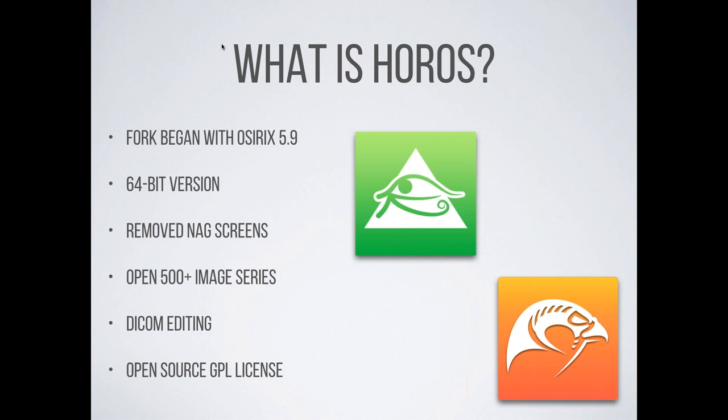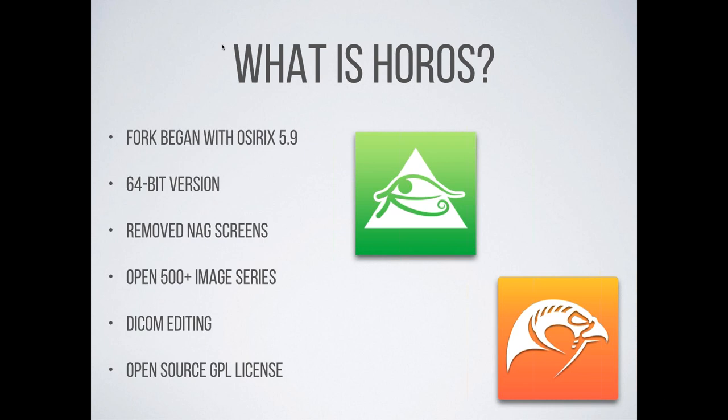In this case, Osirix 5.9 was an open source project that recently has undergone a number of changes. It's up to Osirix 6.5 now. Osirix has undergone a number of changes that the community who had embraced Osirix is frustrated with. So we've made an effort recently to fork Osirix, and that is what Horos is.